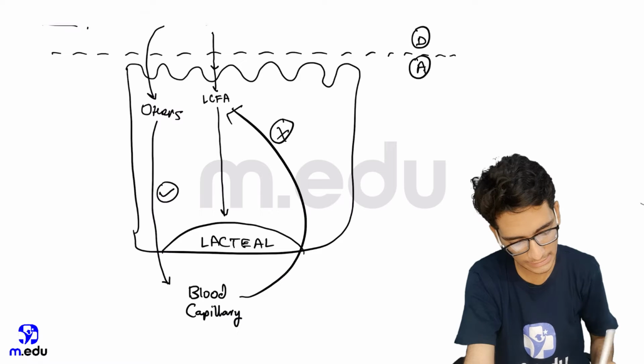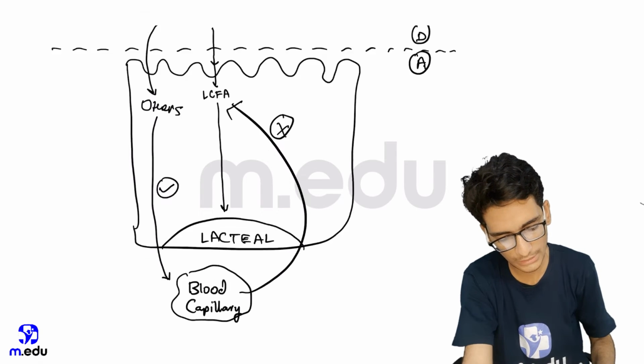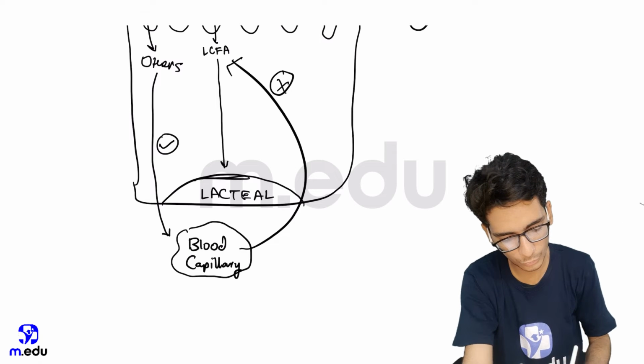So the others can easily go into the blood capillary while LCFA can't. So an indirect way is to go through the lacteals.